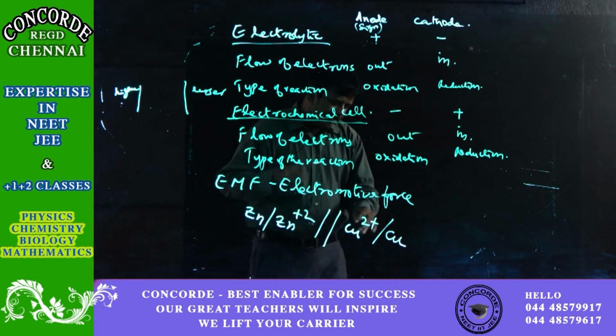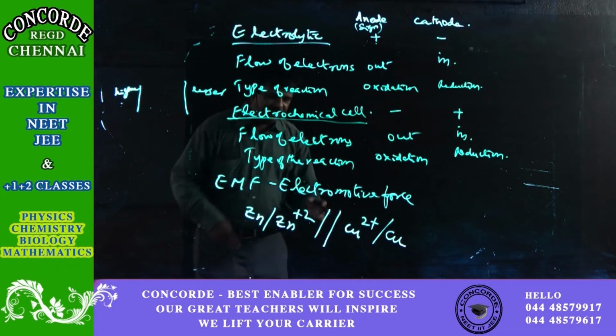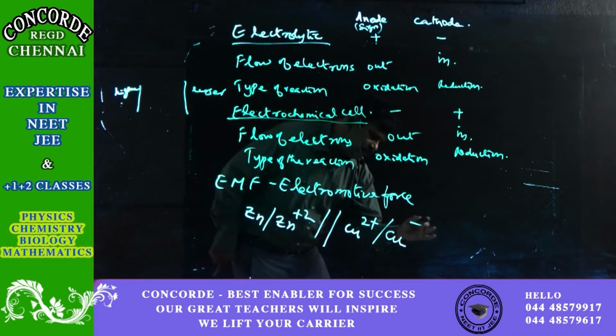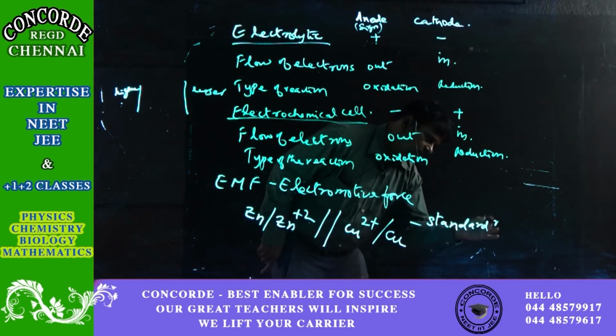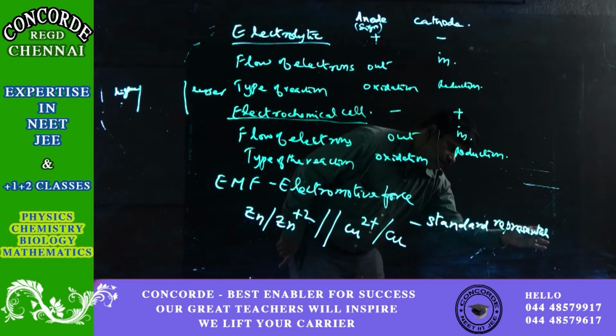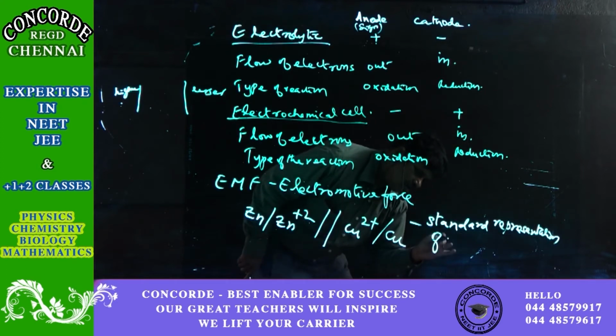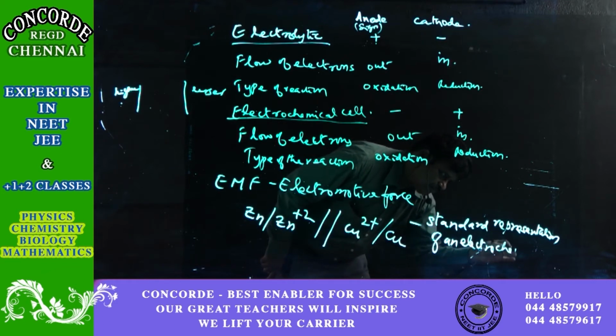Then what is happening here is a reduction reaction, Cu2 plus and Cu. This is the standard representation of an electrochemical cell.